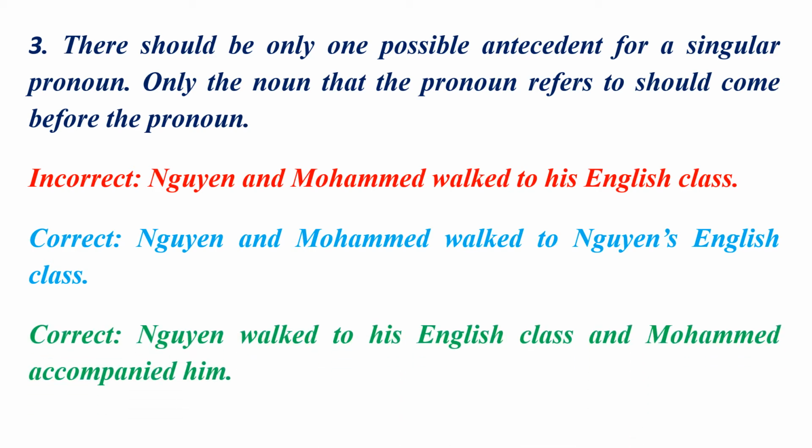Or we can say it another way: Juan walked to his English class and Muhammad accompanied him. So you must be clear in using the antecedent. Otherwise, your sentence will be vague, obscure or meaningless.